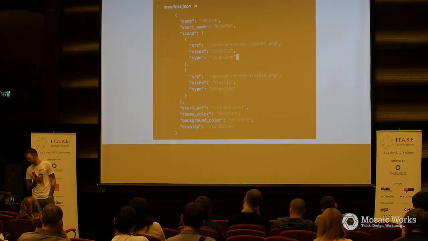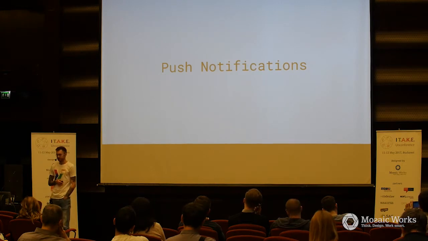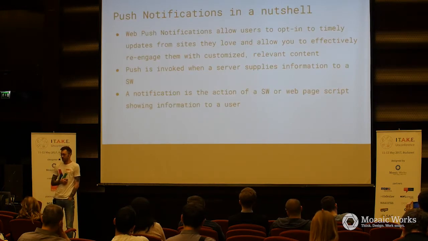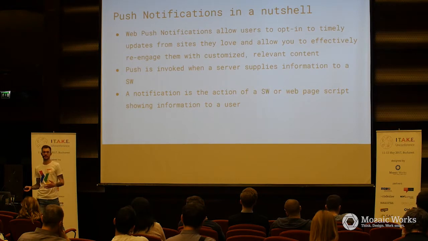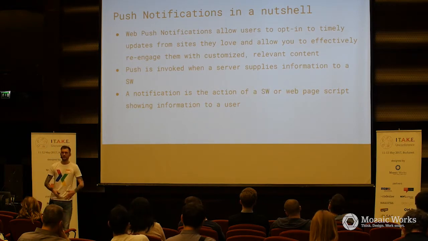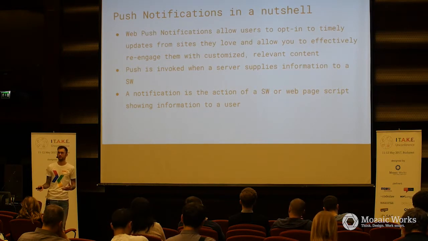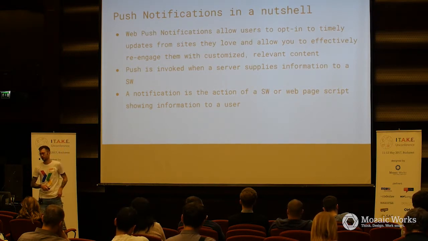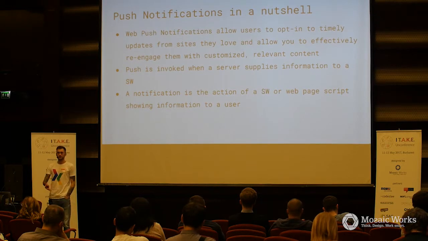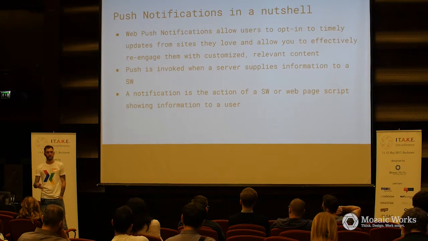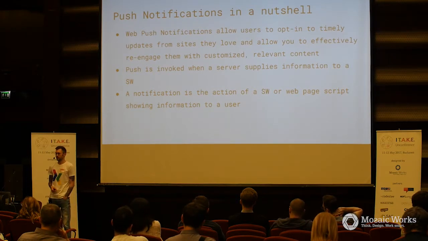Now, push notifications. This is really cool. Push notifications are one of the most widely used and loved features of a native app, right? You can do push notifications on the web, actually. They allow you to re-engage with your users and send them timely, optimal information over time.